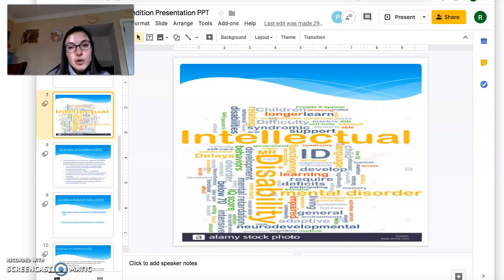It says intellectual, delays, behaviors, below 70, neurodevelopment, adaptive, general, child, low IQ, levels, and mental retardation, which is no longer used. Now the diagnosis is intellectual disability. So that is no longer a diagnosis.